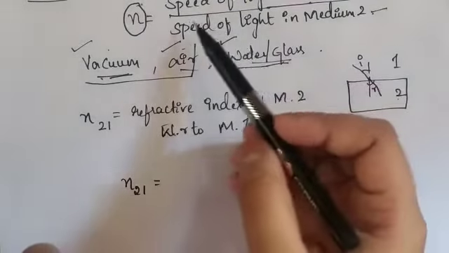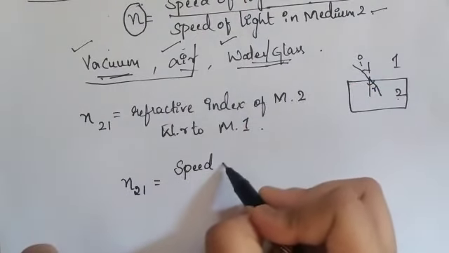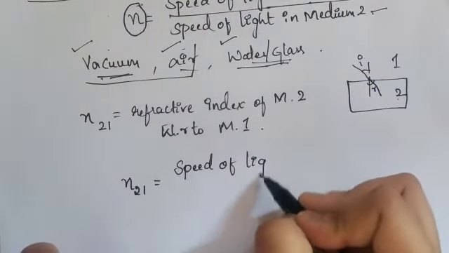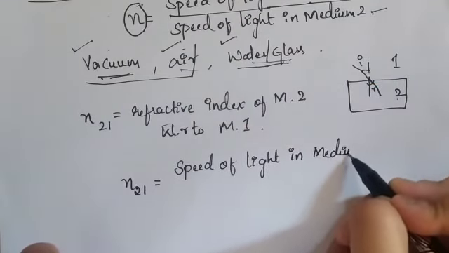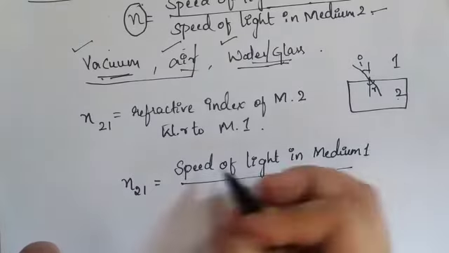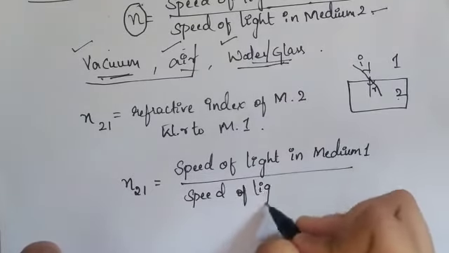So what is the formula? n21 is the speed of light in medium 1 divided by the speed of light in medium 2.